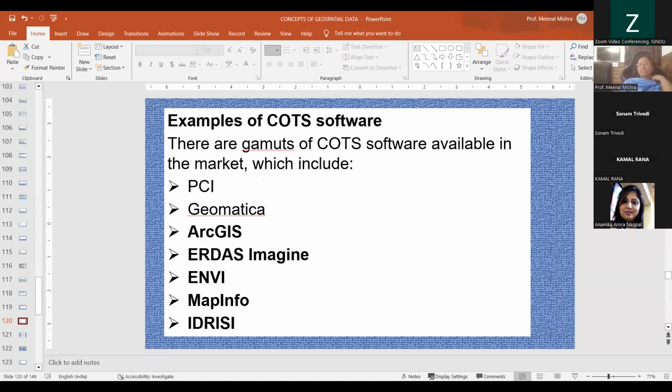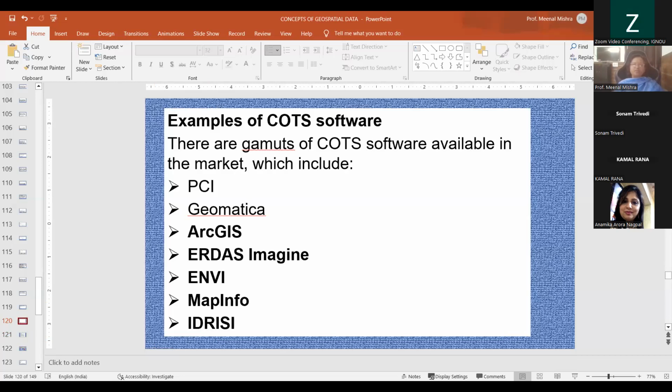So it includes desktop, web, and mobile applications, as well as server-based components for publishing and sharing geospatial data. Okay, so it is one of the widely used geospatial data analysis tools by academia and industry.